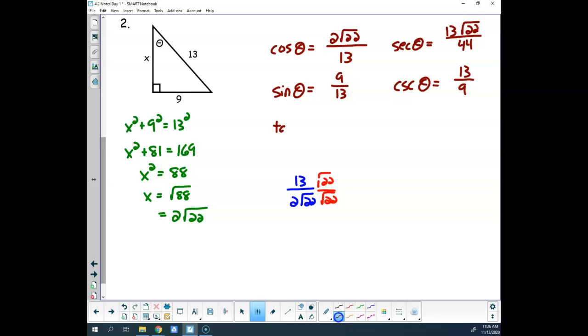Tangent of theta, opposite over adjacent, so that would be 9 over 2 square roots of 22, so then that's just going to be 9 square roots of 22 all over 44.